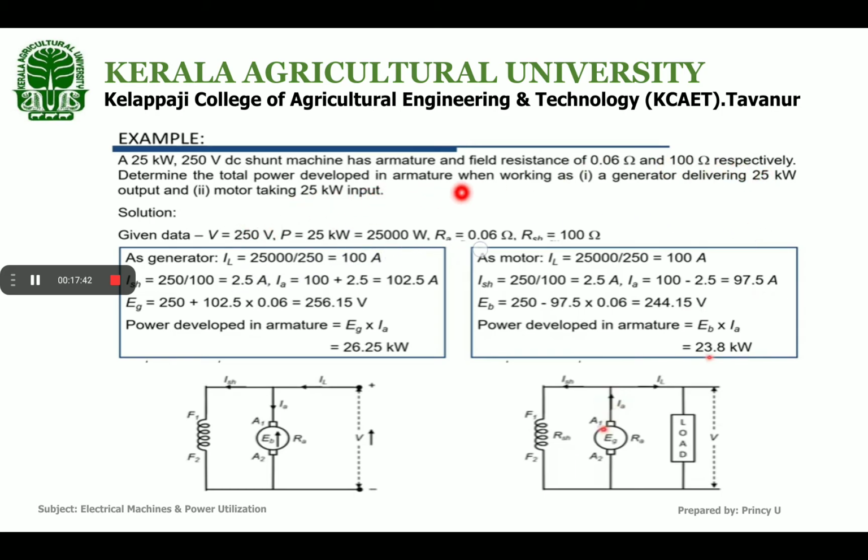Determine the total power developed in the armature when working as a generator delivering an output of 25 kilowatt, and as a motor taking 25 kilowatt input. That is, considering this machine in two ways, as a generator delivering 25 kilowatt and as a motor taking 25 kilowatt input, you have to determine the total power developed in the armature.